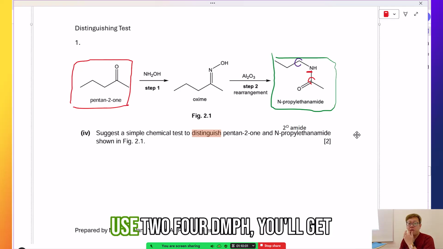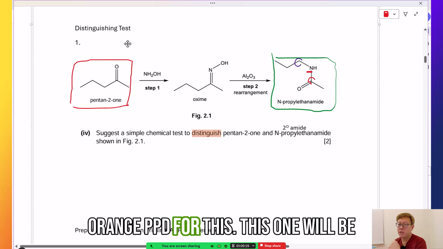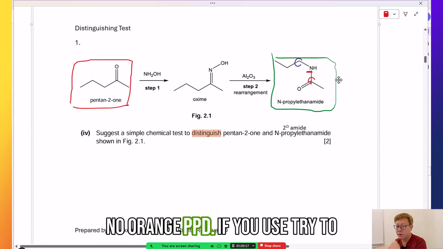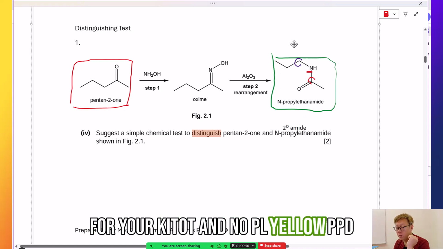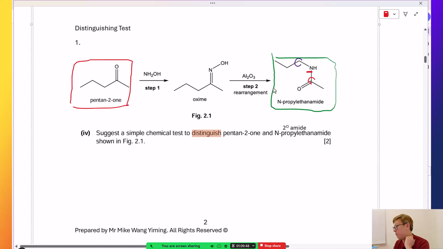So basically, if you use 2,4-DNPH, you will get an orange ppt for this. This one will be no orange ppt. If you use triiodomethane, you will get a pale yellow ppt for your ketone and no pale yellow ppt for your amide. Everybody clear? Simple, right? Got it? Okay, done.